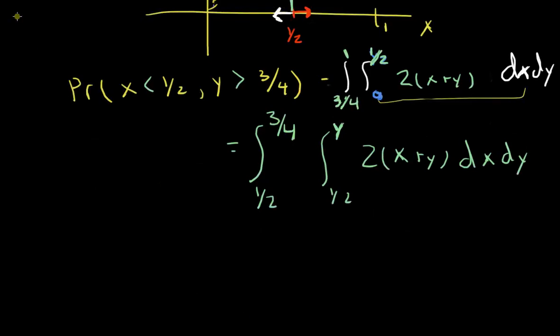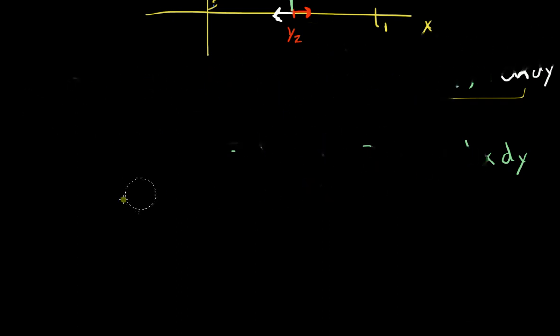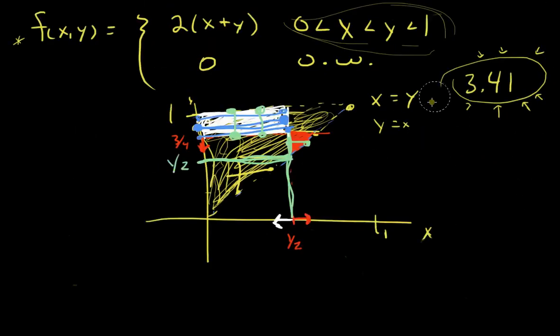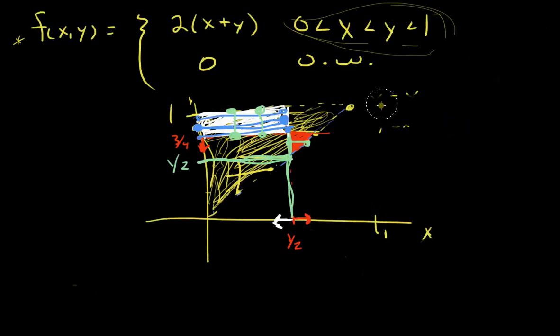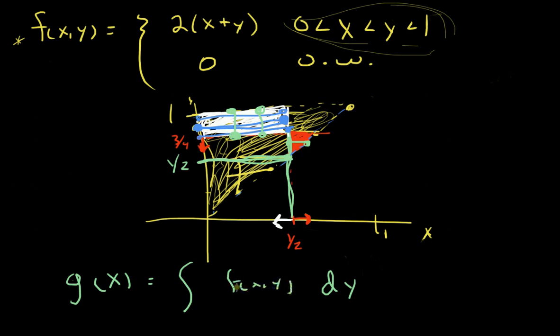Now what if I were asked to find the marginal distribution of x or the marginal distribution of y? It doesn't matter, either one. You should be able to do that. So let's talk about that. I'll set it up for both. So g of x: in general, you integrate the joint over y.